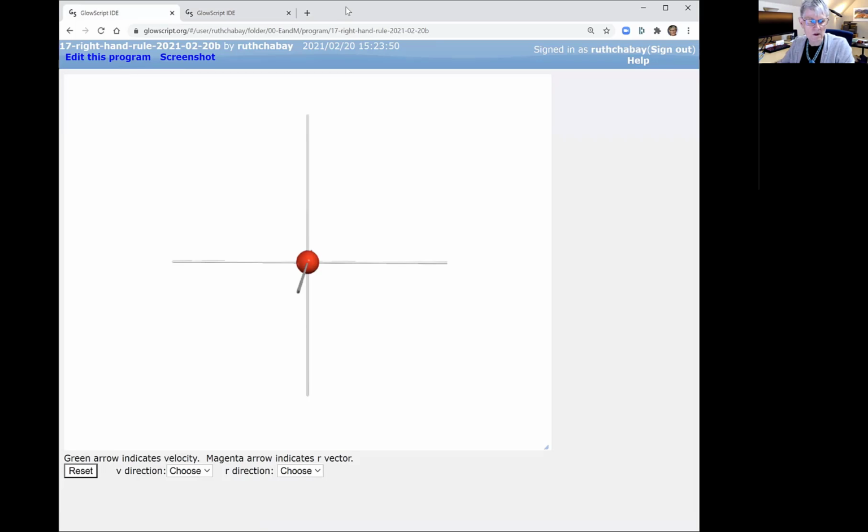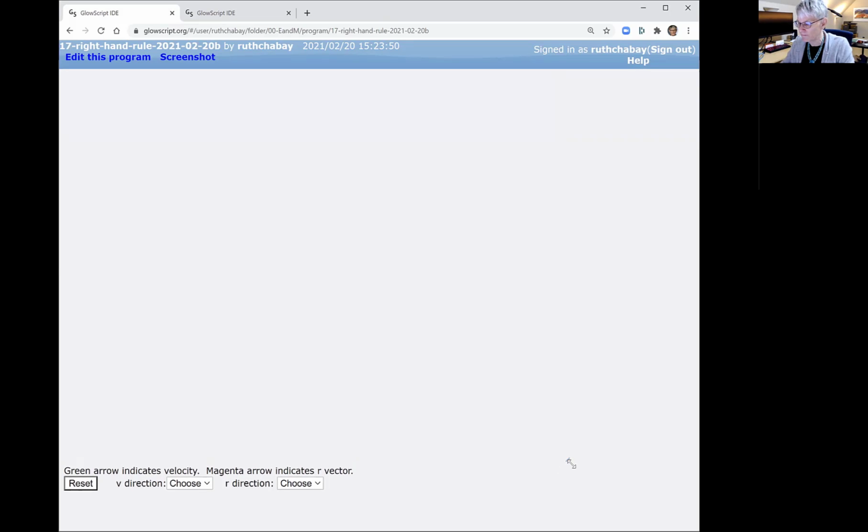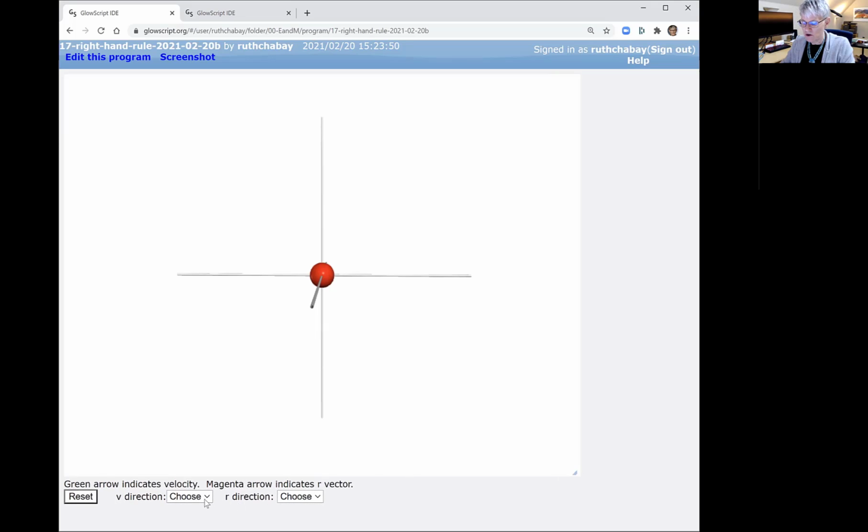This is an illustration of how to use your right hand to get the direction of the magnetic field at an observation location due to some moving charge. Our moving charge is positive because that just makes the signs easier for now. And we can choose the directions of the velocity and the direction of the r, the vector pointing from the source to the observation location, and then see how that works out.